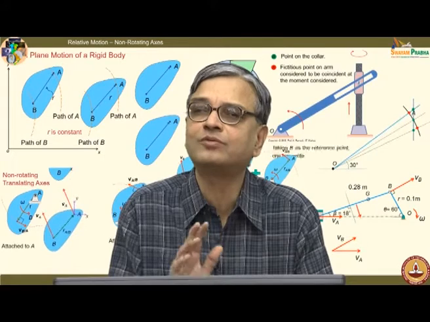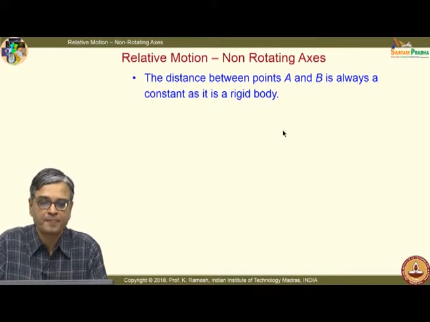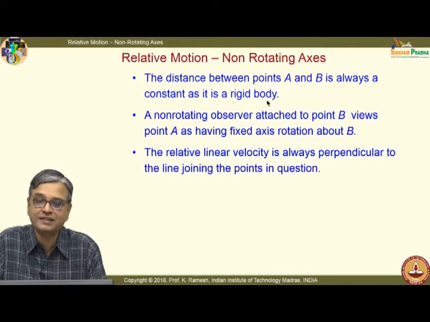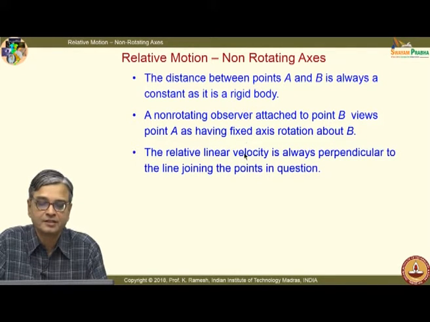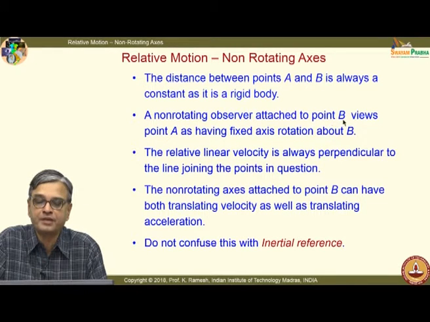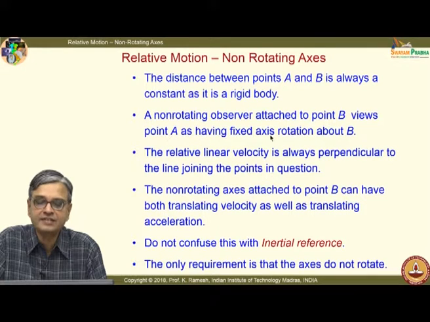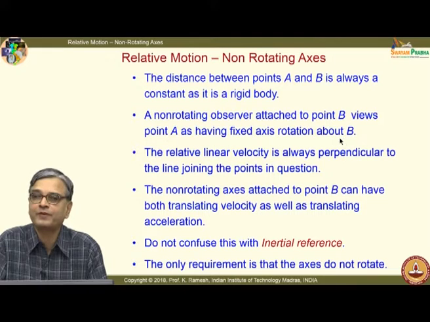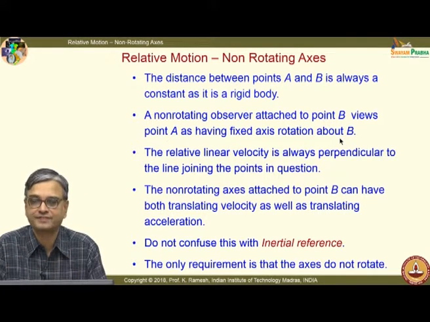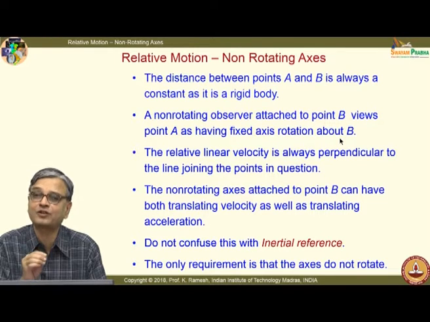All the tricks we do. But here you do not have to do a trick; we have given an idealization that it is a rigid body. A non-rotating observer attached to point B views point A as having fixed axis rotation about B, which is what we have seen with a very nice set of animations. It is a central aspect of this discussion.